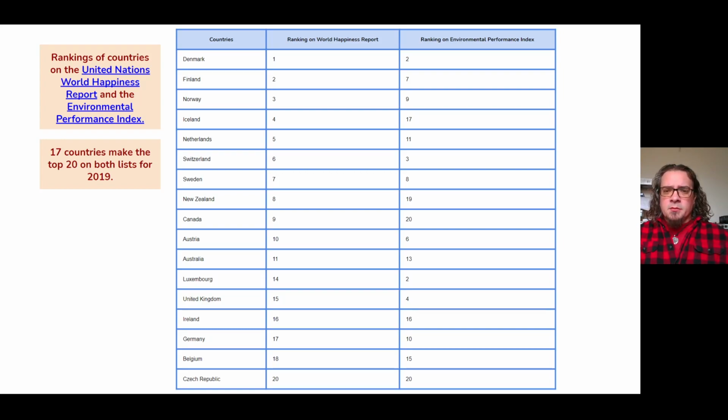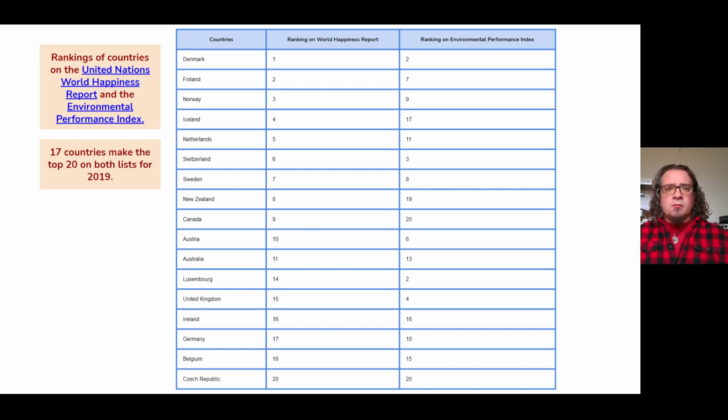Data. Let's look at some data, right? What are we looking at here? So if you take two annual reports, there's one from the United Nations called the World Happiness Report, and there's another that comes out of Yale, and it's called the Environmental Performance Index, and it looks at countries and ranks them.